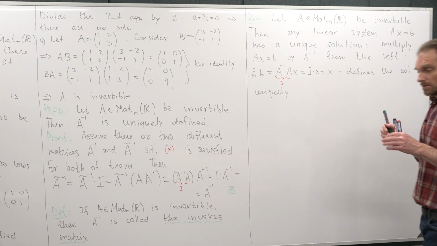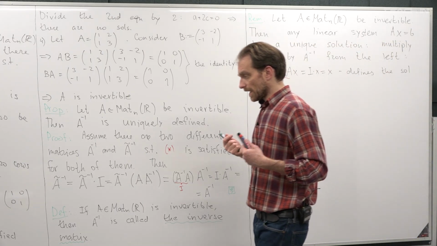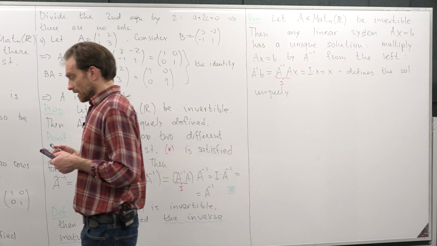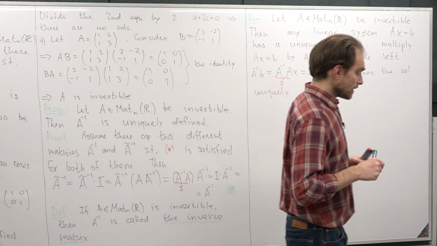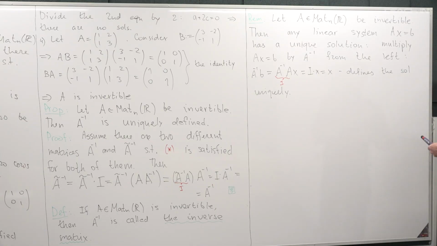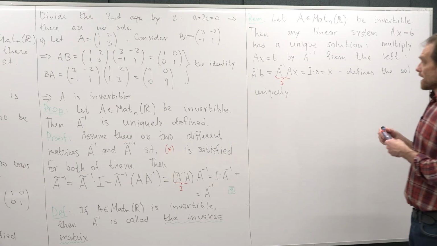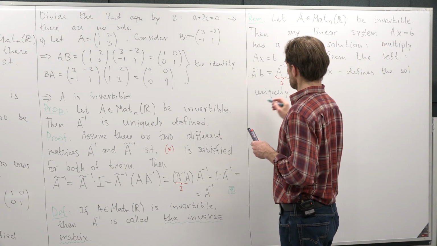And right now we do not have any tool to understand whether a given matrix is invertible or not. And right now let us discuss the way to find the inverse.